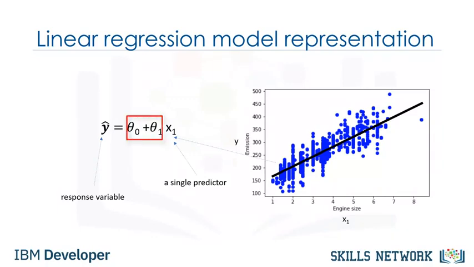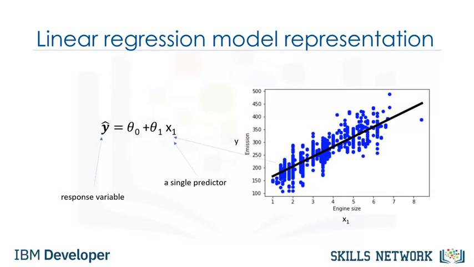Theta 0 and theta 1 are the parameters of the line that we must adjust. Theta 1 is known as the slope or gradient of the fitting line, and theta 0 is known as the intercept. Theta 0 and theta 1 are also called the coefficients of the linear equation. You can interpret this equation as y hat being a function of x1 or y hat being dependent of x1.